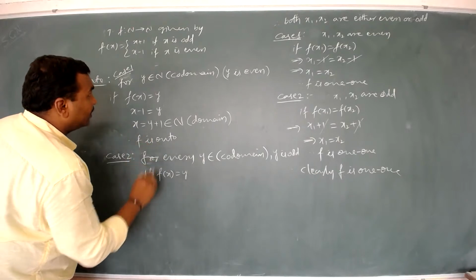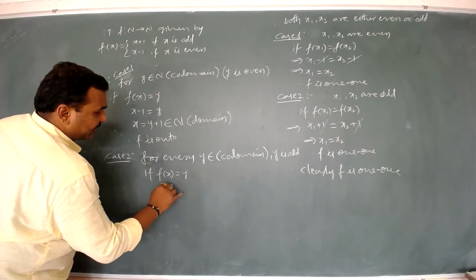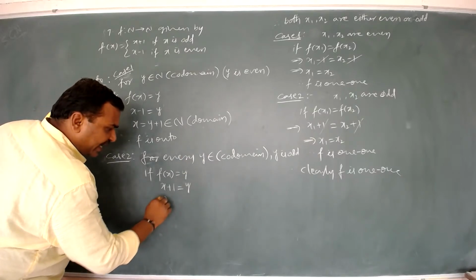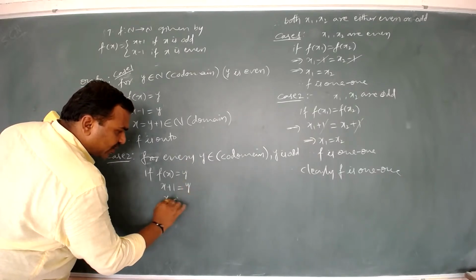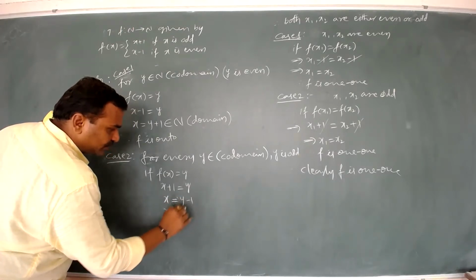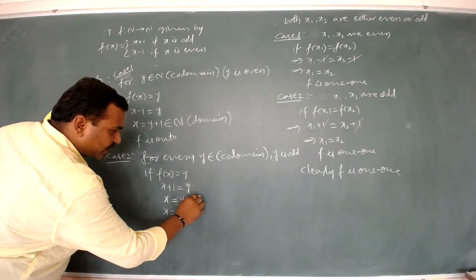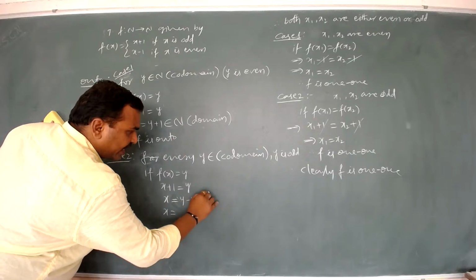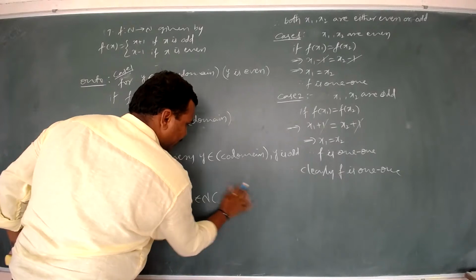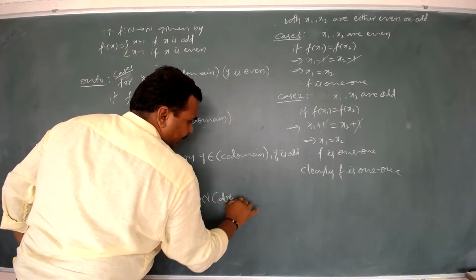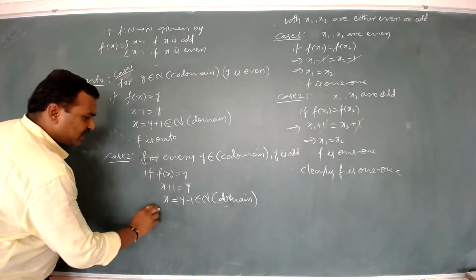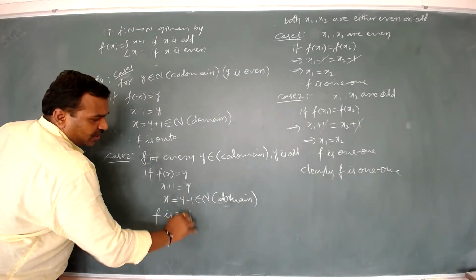What is f of x? I will take x plus 1 equal to y, so x equal to y minus 1. It is also a natural number, sorry, in the domain. In both the cases, f is onto.